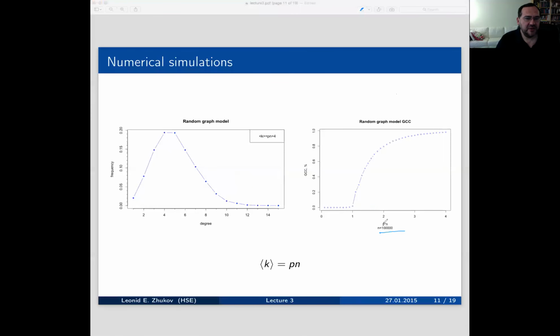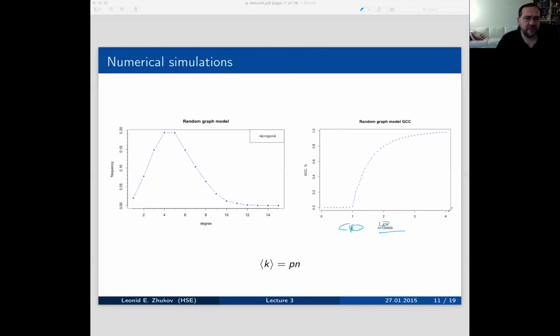I was changing p, looking at different values of p, and calculated the size of the gigantic connected component. And you see, until I hit average k equal to 1, the size was pretty much 0, and then it started growing. So the theory predicts the experiment very nicely, and that's why everybody loves this model.